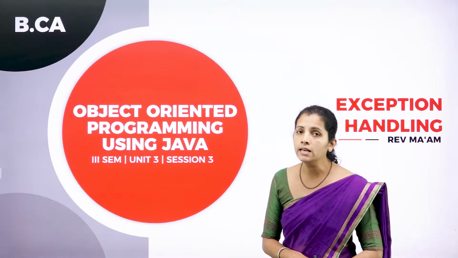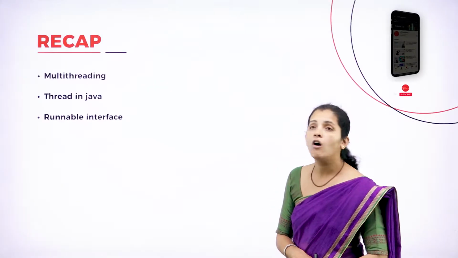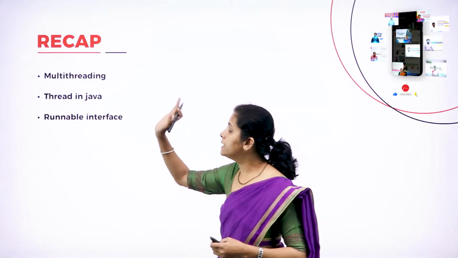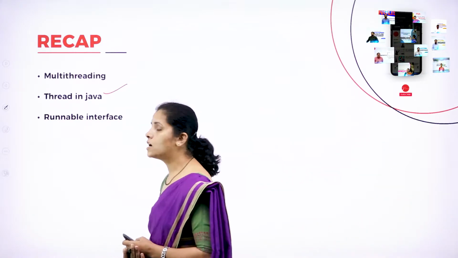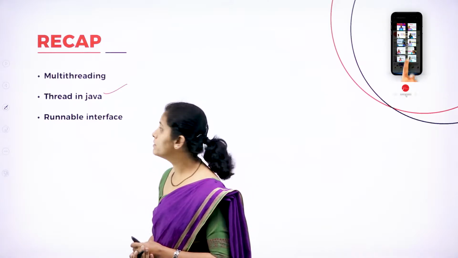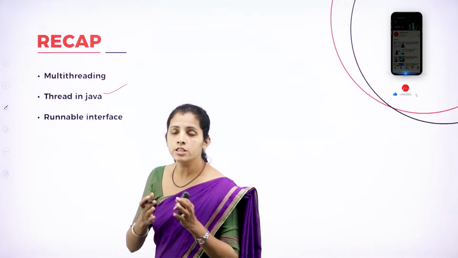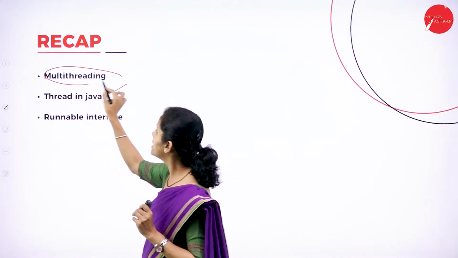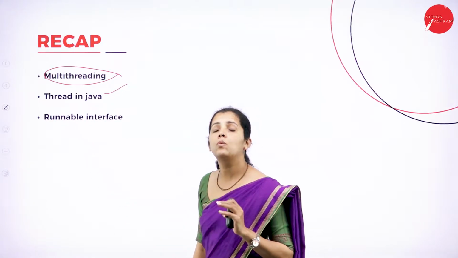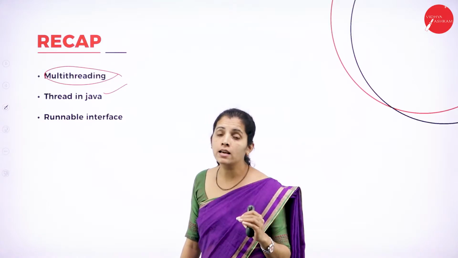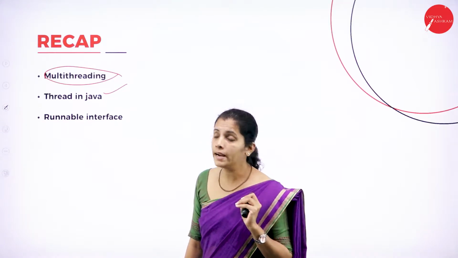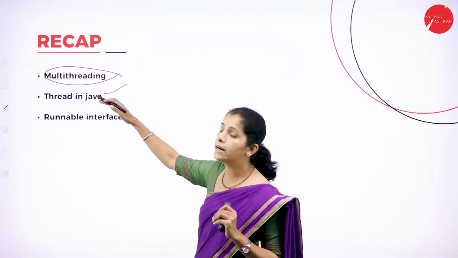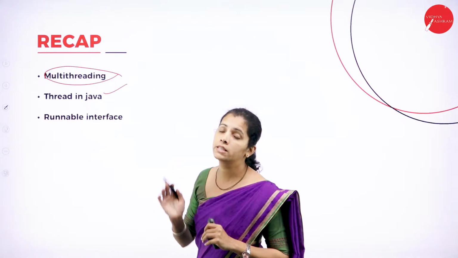So dear student, in my last session of this unit, I have completed multi-threading, thread in Java and runnable interface. That means in that session, I discussed what is multi-threading in Java and what is the life cycle of a thread. Along with that, how to create a thread and how to use a thread.